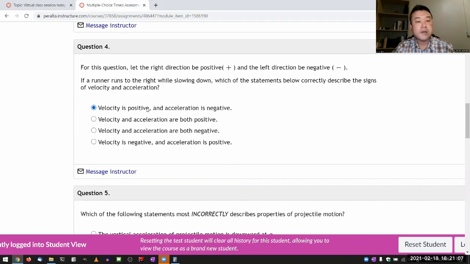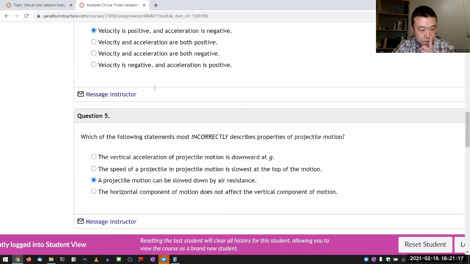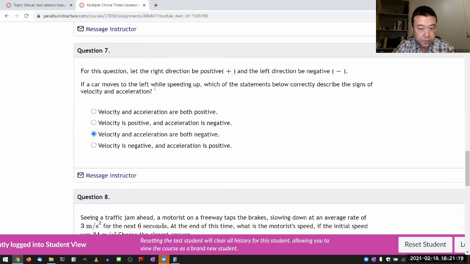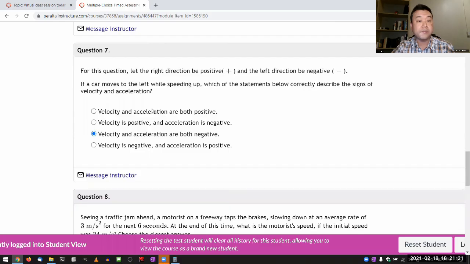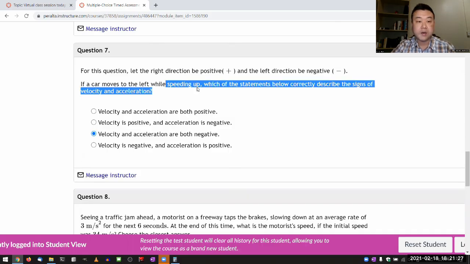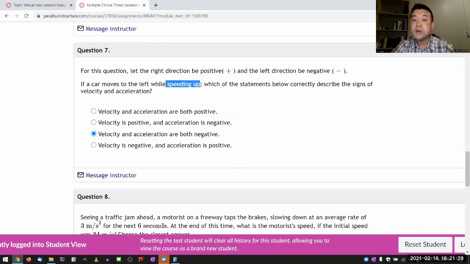That is what we are saying. This is one thing I can imagine some people getting caught up on, which I think was demonstrated in one of the questions here. I can imagine some people saying, oh, here the acceleration is positive because the car is speeding up.